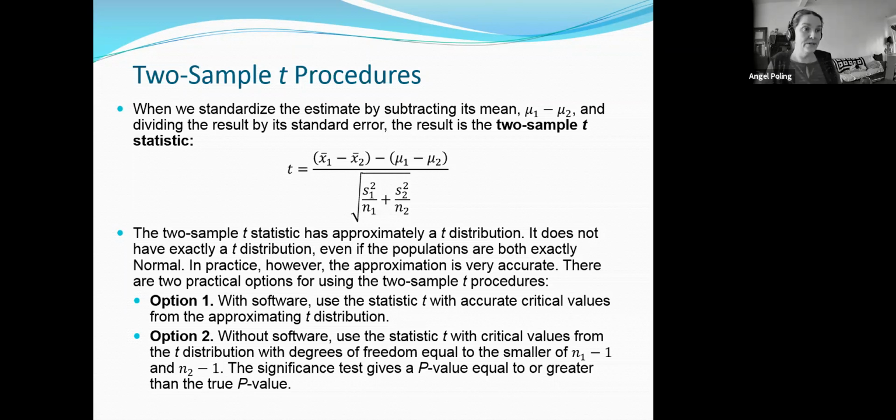And so what we do is we find the degrees of freedom for each group and we choose the smaller one, right? So the significance test gives a p-value equal to or greater than the true p-value. So we use option two. That's our option.